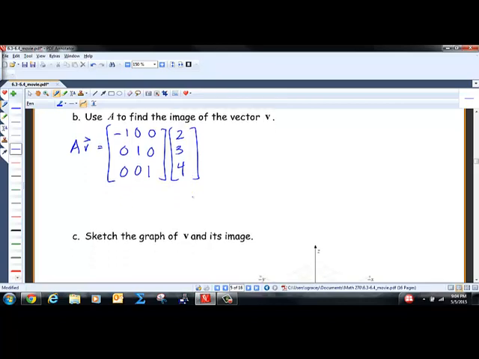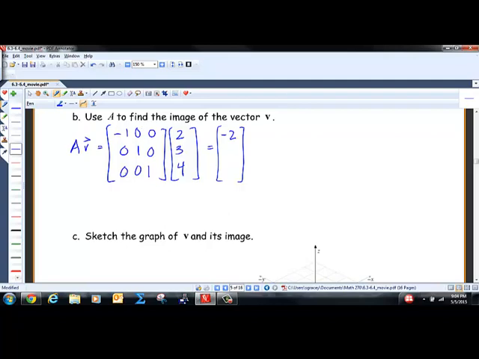And when we multiply that, again, that's an easy computation. We start off with a 3 by 3 times a 3 by 1, so we'll get a 3 by 1. So we're going to get negative 2, because negative 1 times 2 is negative 2, and then zeros the rest of the way.